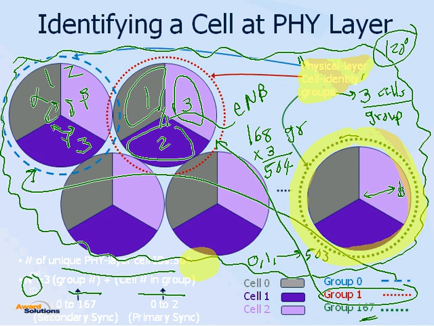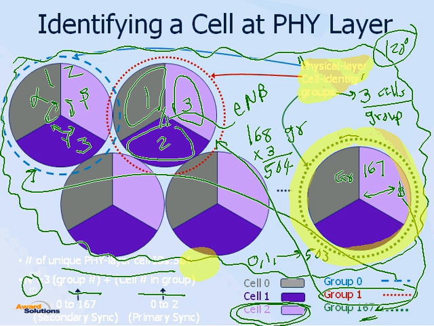The importance of that is many other channels are scrambled using the cell ID, so it is very important for the UE to know the cell ID. Now this specific UE is inside a cell that belongs to group 167. That is our group number. And within that group, it belongs to cell number 2.